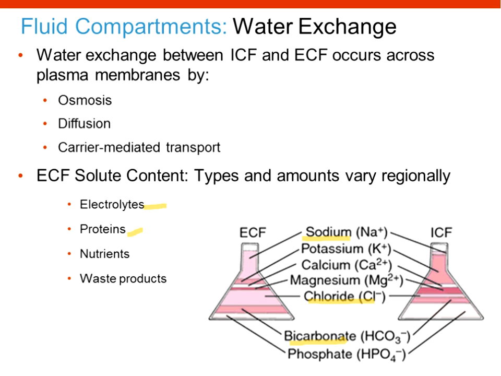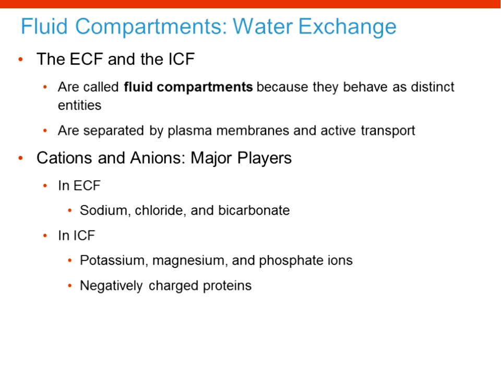There are going to be proteins, and again, depending upon where you're located, those might be amino acids, those might be antibodies, those might be hormones, those might be a bunch of different proteins, enzymes. There's going to be some glucose, some fatty acids, and there's going to be some waste products. That might be lactic acid, that might be keto acids, that might be carbon dioxide, carbonic acid, so lots of different potential urea, ammonia, creatine, lots of different items.